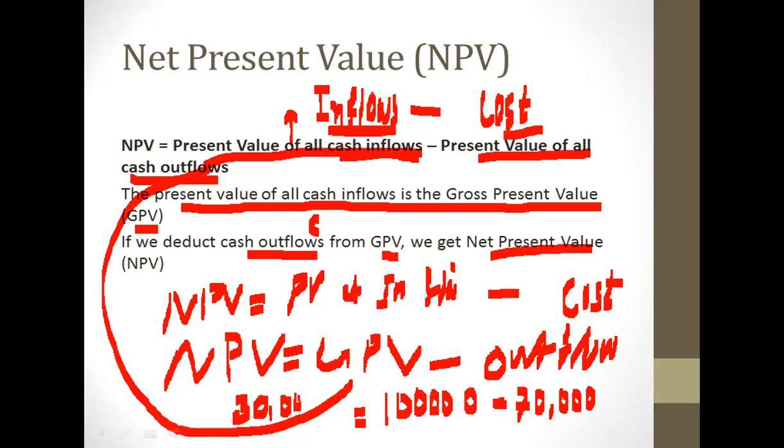So you are getting cash inflow over the years equal to 1 lakh rupees, but your present cost of the project is 70,000 only. Then you are getting a net present value equal to 30,000. So net present value is what you get after deducting cash outflow or cost from the present value of the cash inflow. Present value of the cash inflow is nothing but the GPV.